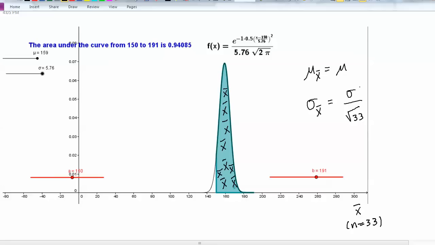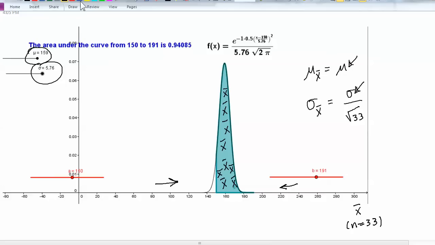So that was our 33.1. This is our 159. That's why that didn't change where the center was. You notice the curve did not move over, but it did get skinnier because we basically pulled in, or we shortened the length of a standard deviation.